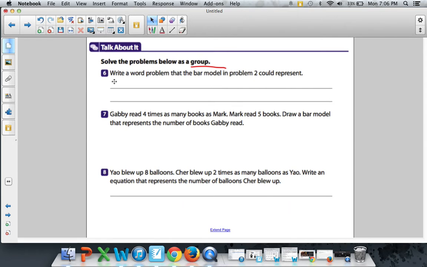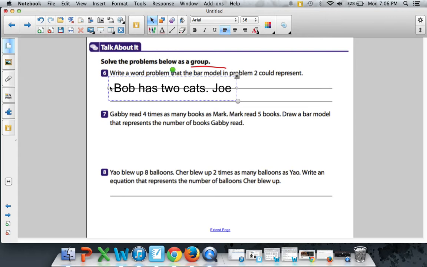So here's something. I'm just going to make one up. And you can make one up too. How about this? Bob has 2 cats. Joe has 4 times as many cats as Bob.